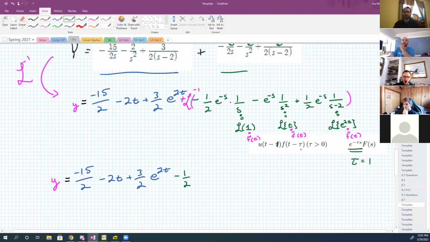So that means on this left-hand side, I'm going to have u of t minus 1 times f of t minus 1. So here, I'm going to have a u of t minus 1, from the e to the minus s part. Then I'm going to have something weird: 1 evaluated at t minus 1. What's 1 evaluated at t equals t minus 1? 1.